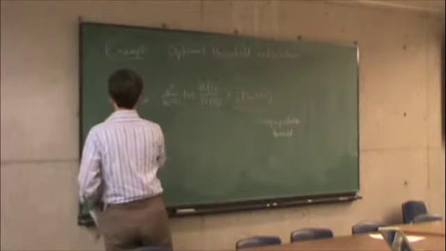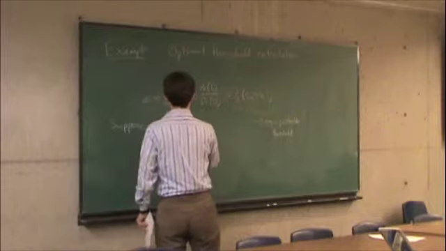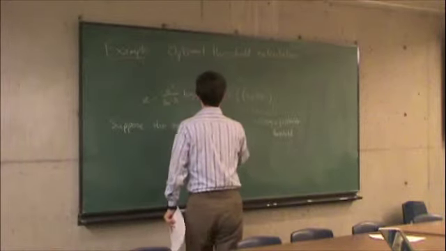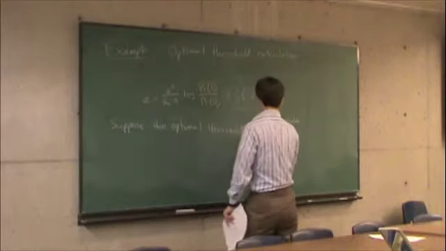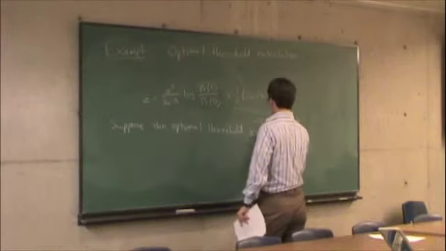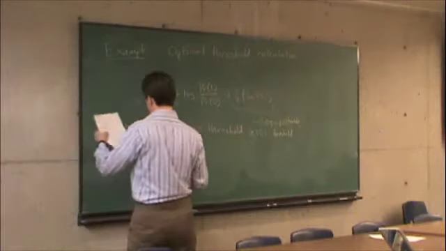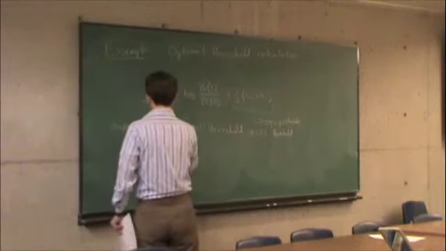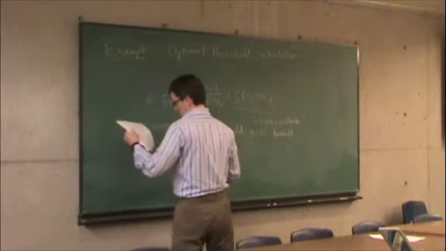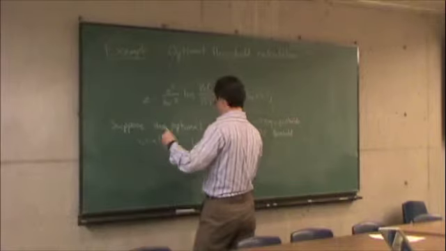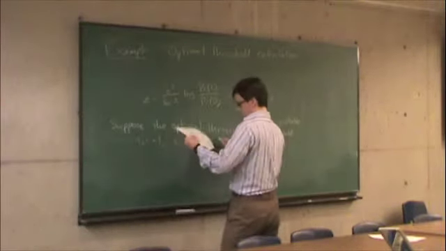So let's think about, suppose the optimal threshold Z is equal to 0.5. And the values of the other parameters, let's say S0 is equal to +1, S1 is equal to -1, sigma squared is equal to 1.